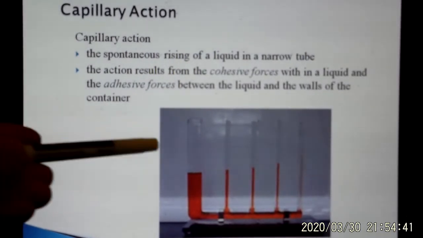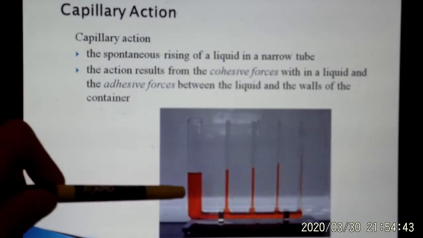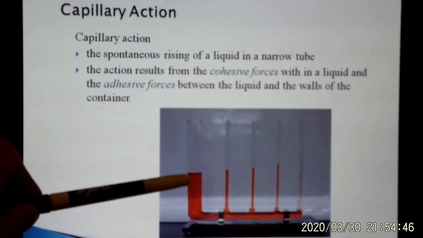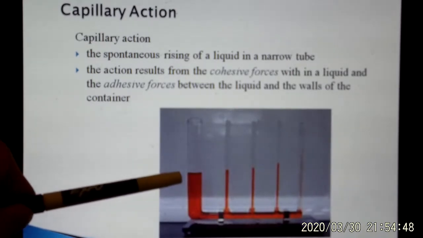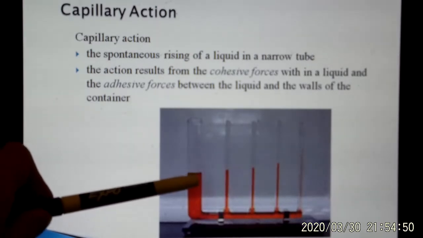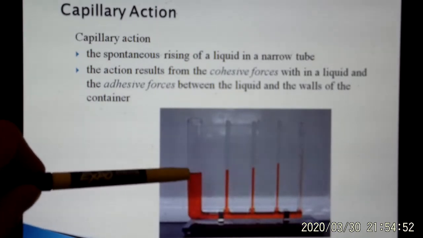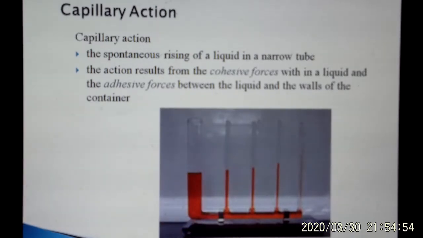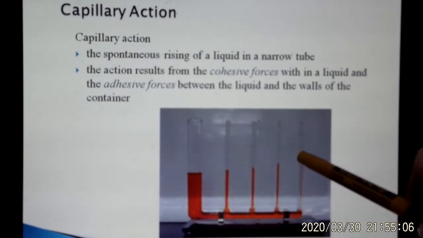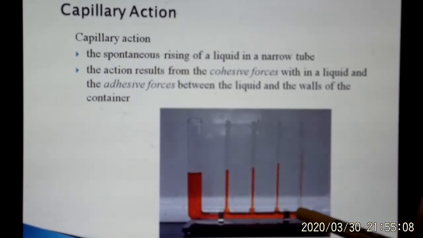These are all open to the air, so it's all the same pressure. So why is it that with a thick, large diameter tube, the liquid is much lower than in the very narrow capillary tube, which goes to about here? With water, the adhesive forces are greater than the cohesive forces.